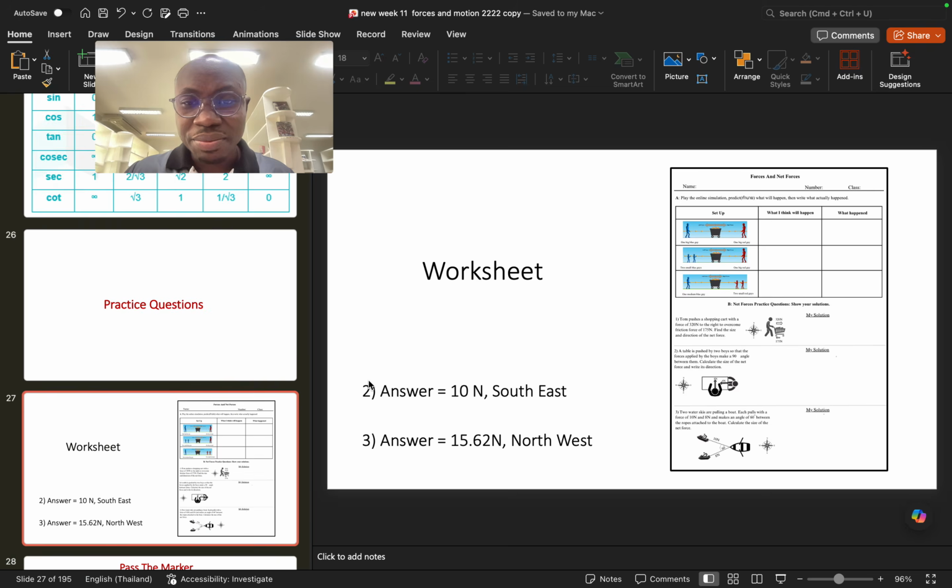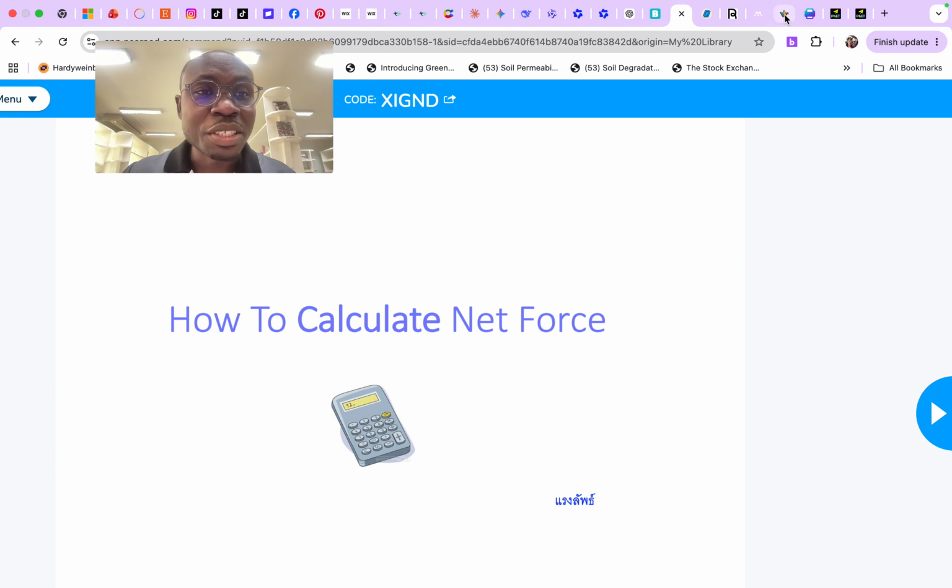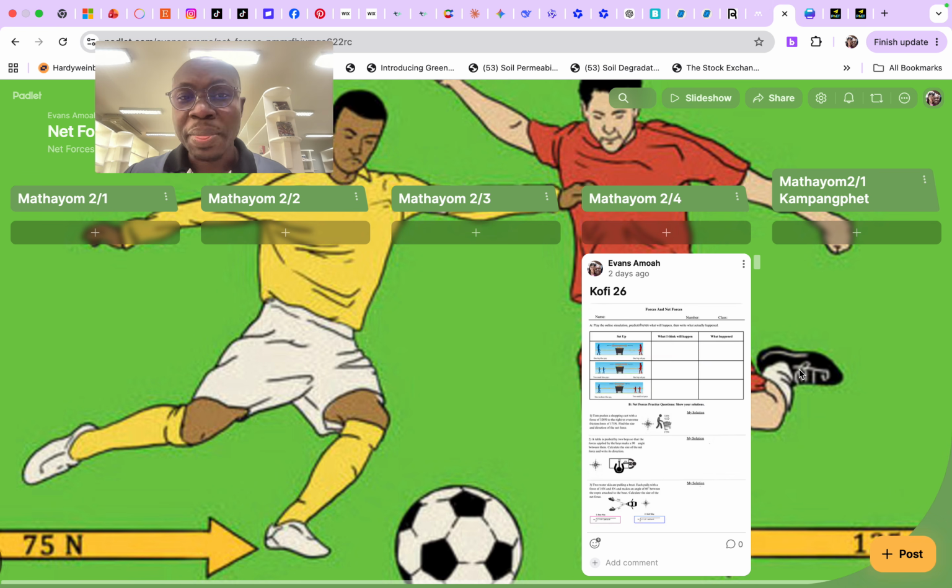Let me show you how to send to the teacher. You're going to send to the teacher here on the Padlet, just like we did last time, right? I'll send you the link to this also. When you come here, you look for the class Padlet.